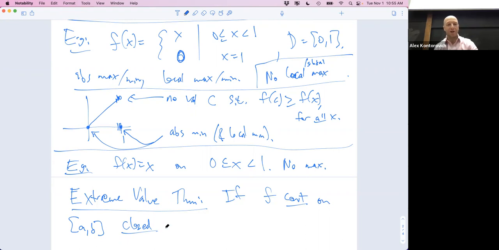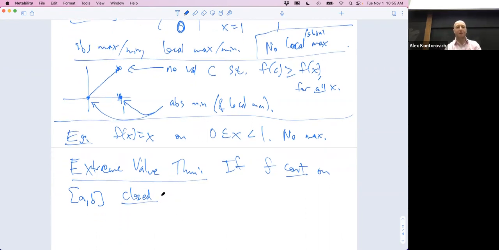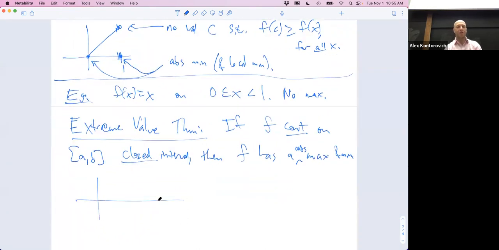If f is continuous on a closed interval, then f does have an absolute max and min. There is no way to draw a continuous function on a closed interval a and b and have it not go through a maximum value and a minimum value, wherever those might be.